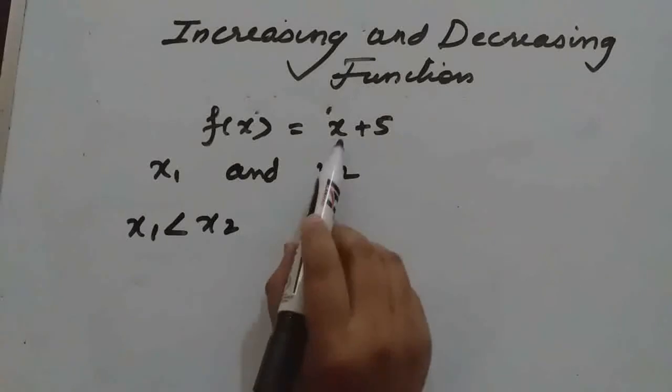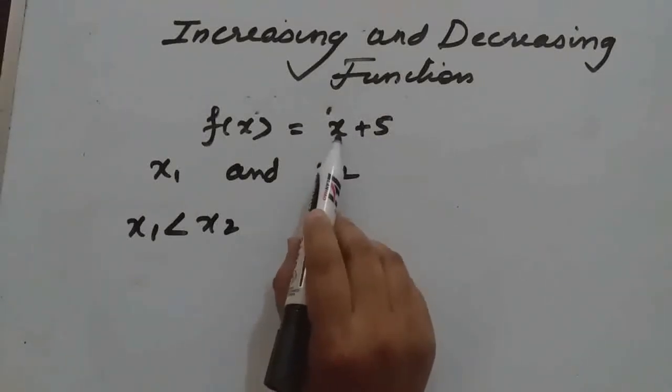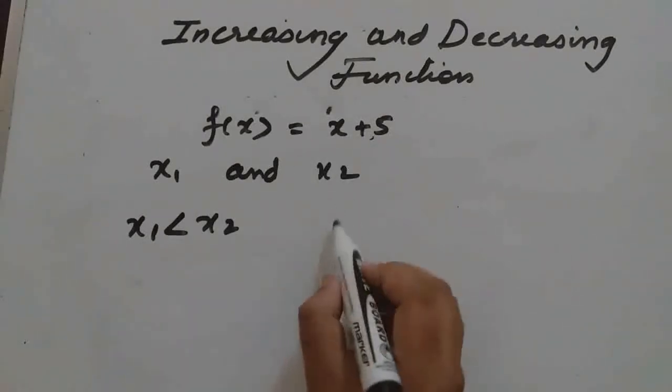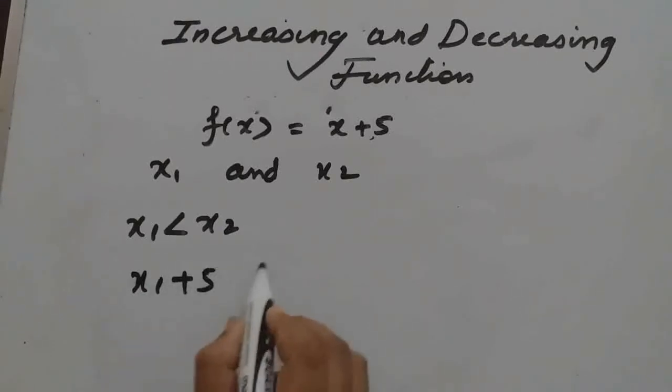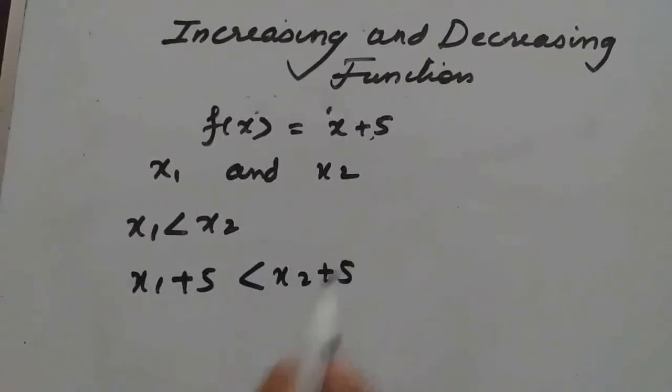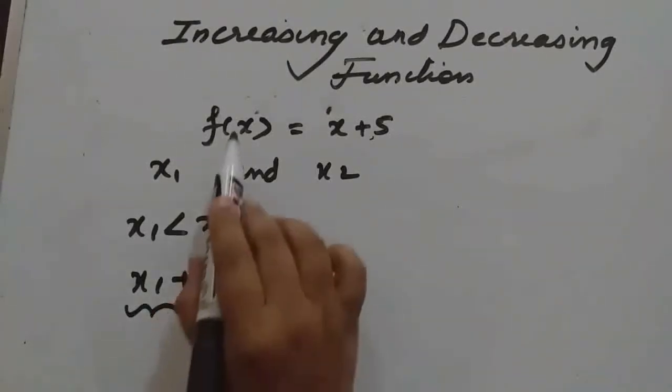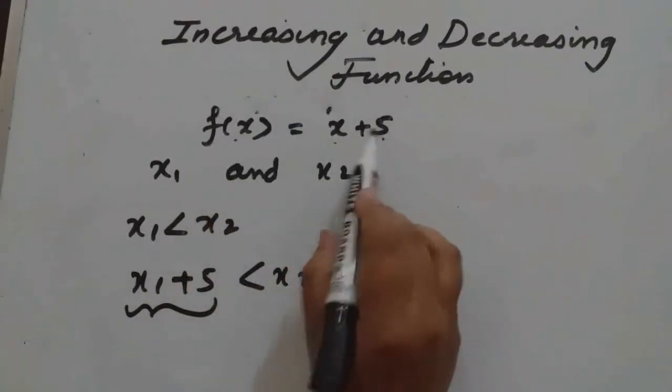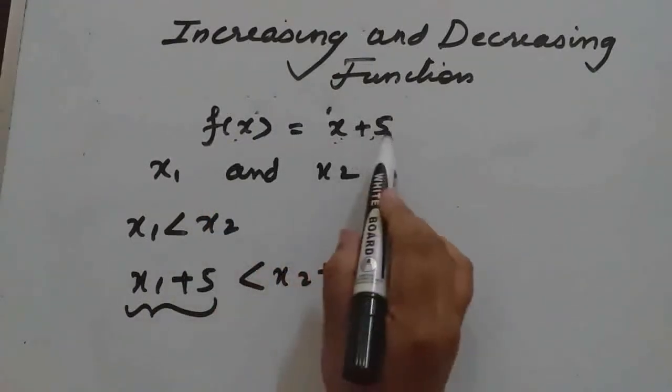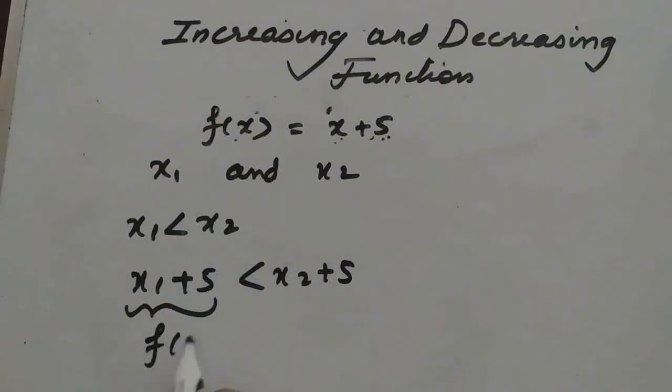Now we want x plus 5, so we will add 5 on both sides: x1 plus 5 is less than x2 plus 5. But if f of x is x plus 5, then x1 plus 5 will be f of x1, less than f of x2, isn't it?